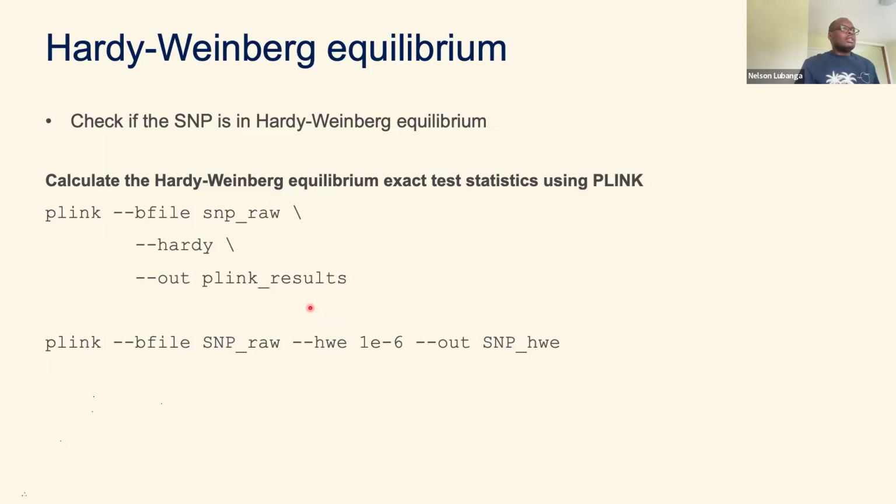Then we have Hardy-Weinberg equilibrium. A large deviation from Hardy-Weinberg equilibrium can mean one of two things. It can be biological, reflecting selection or population structure, or it can be technical, signaling a genotyping error.